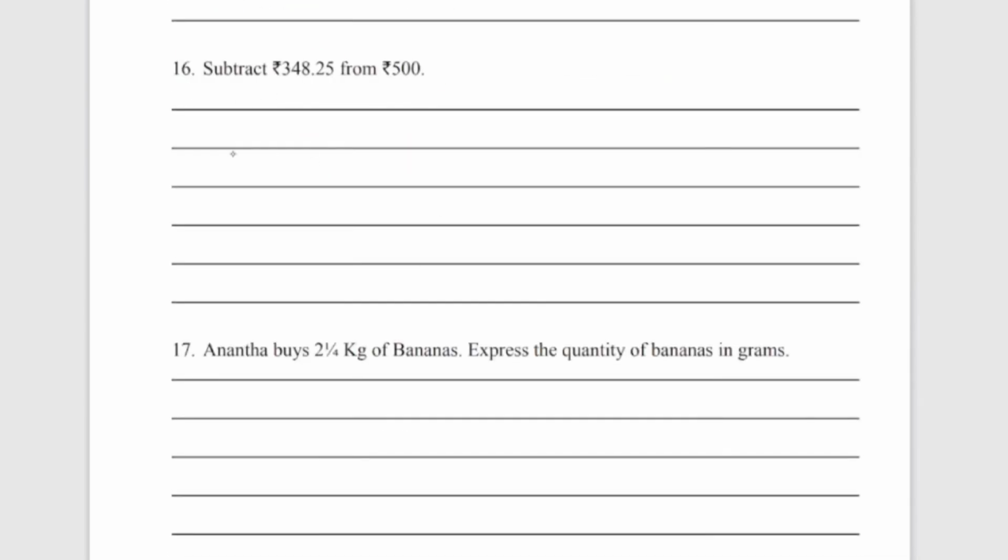The next question: subtract 348.25 rupees from 500. Since 500 is bigger, write that first, followed by 348.25. These are unlike decimals. To convert unlike decimals into like decimals, we will have to put zeros.